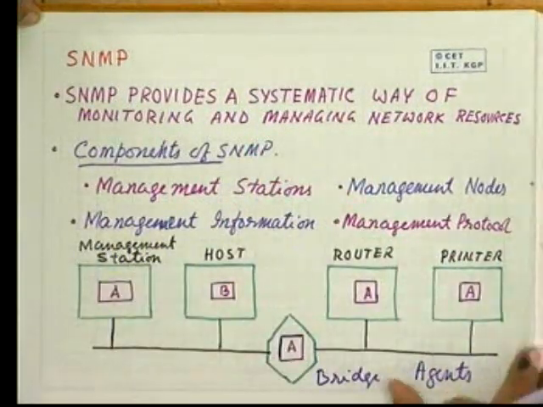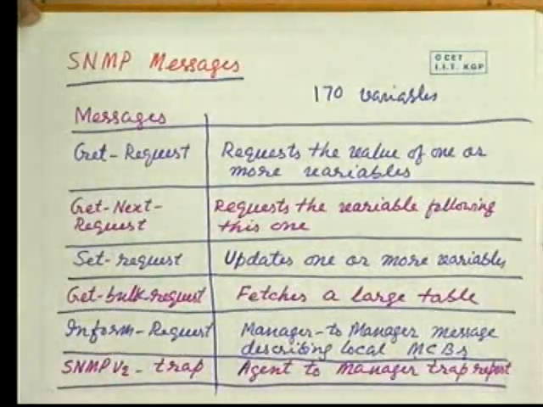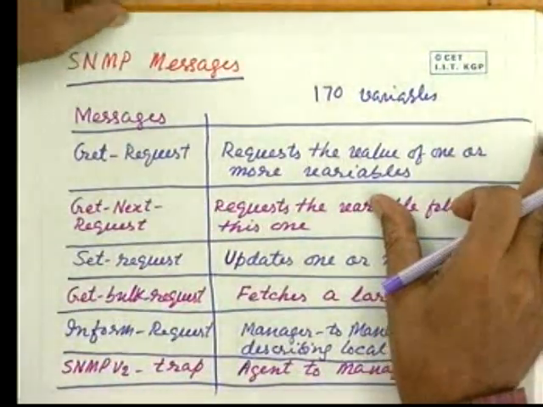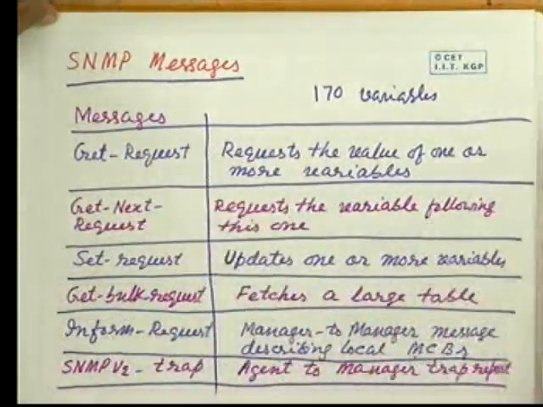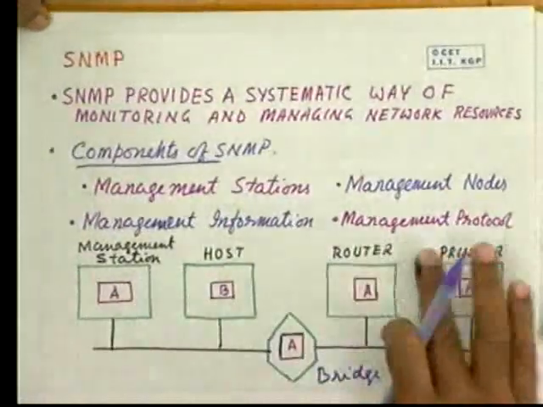So we have found that using this SNMP protocol, using these different messages, a big network can be managed. Where a particular node or a router or bridge has failed, that can be identified, or if some congestion occurs, then that congestion can be identified.